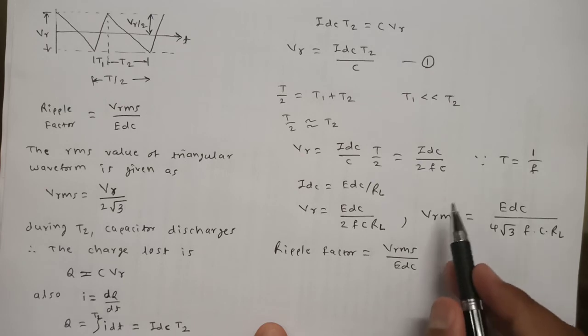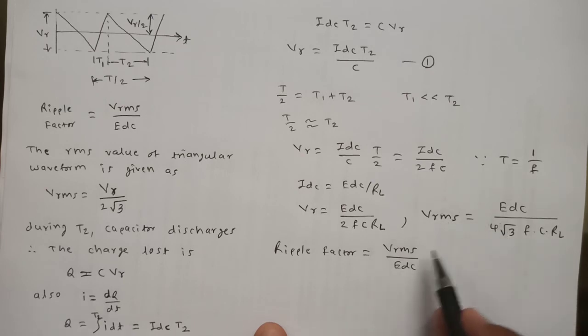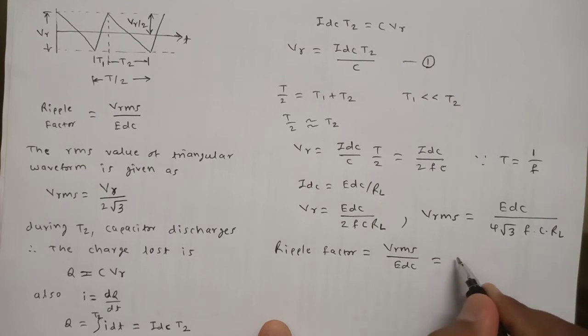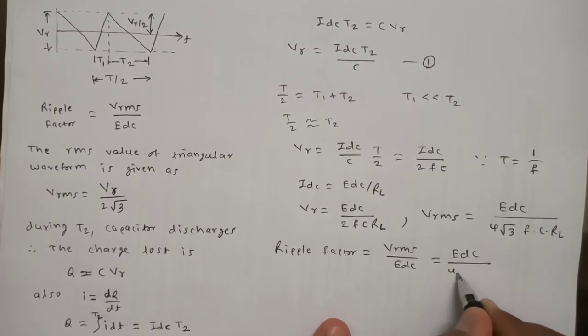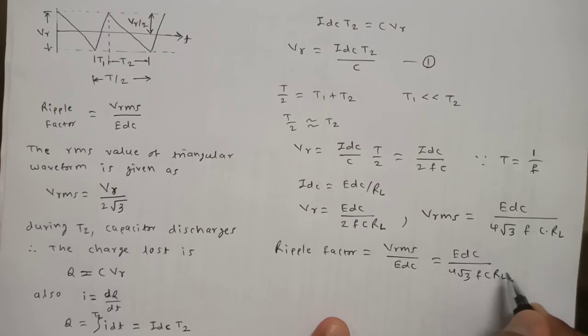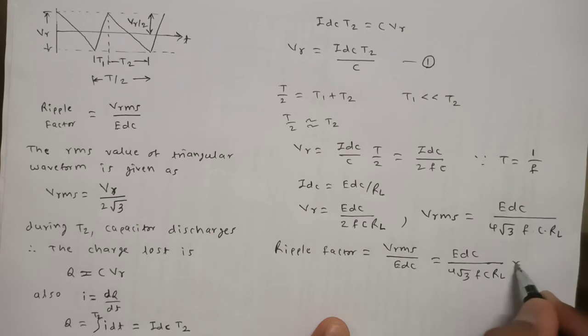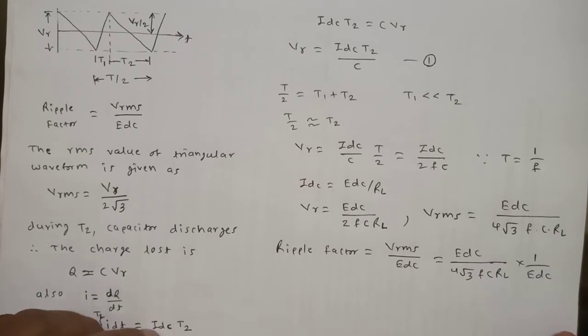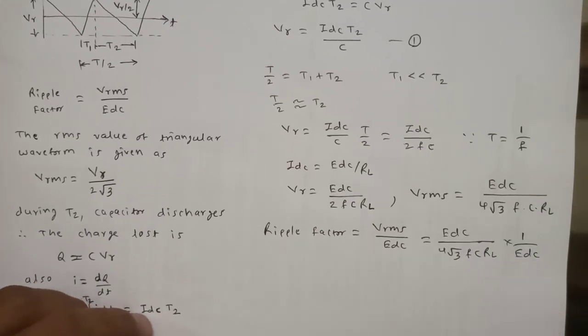So I put the Vrms expression here: EDC divided by 4 under root 3 F into C into RL, and 1 divided by EDC. Now you can see this EDC will get cancelled, and I get the final equation.